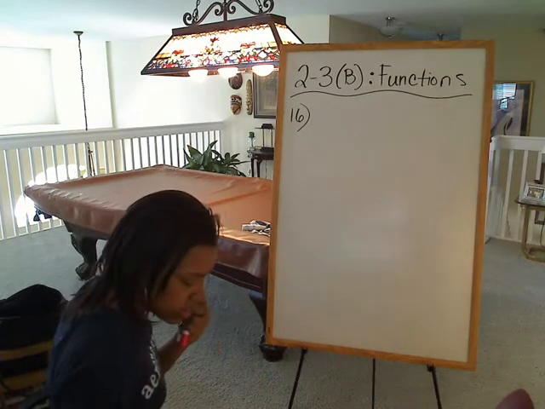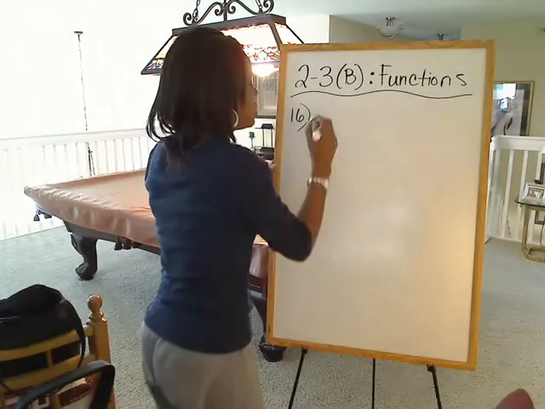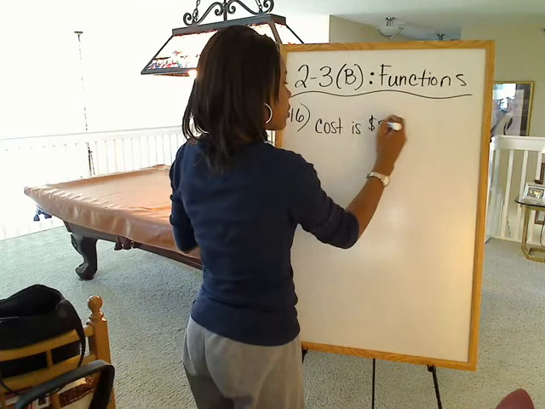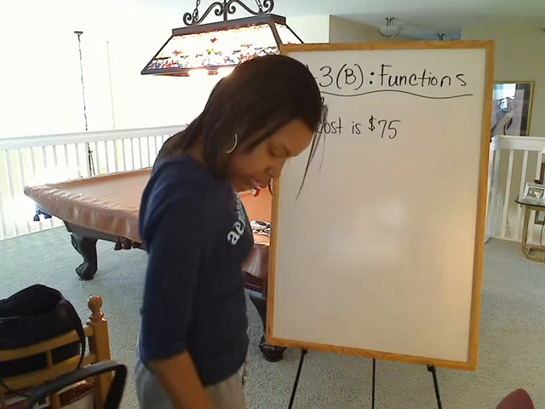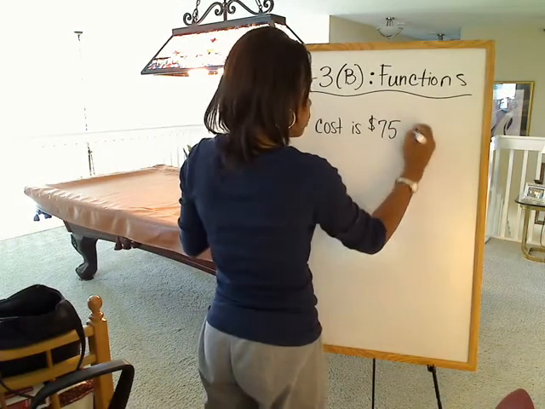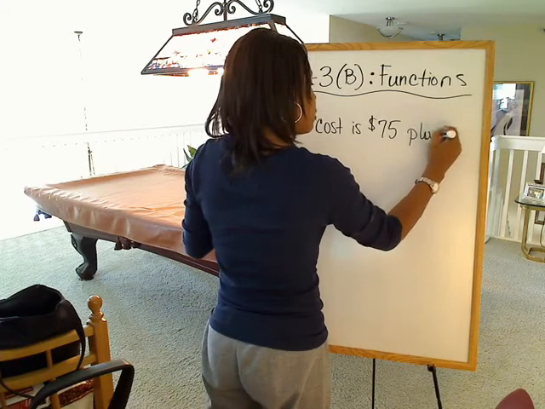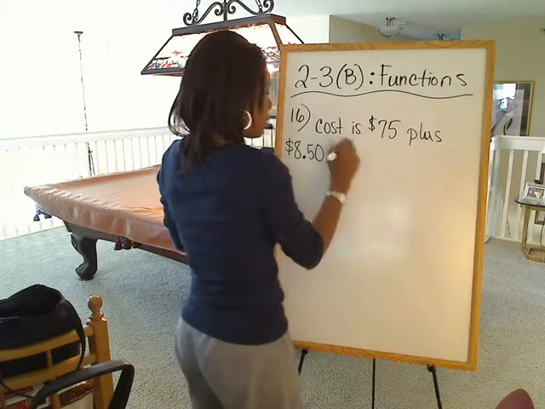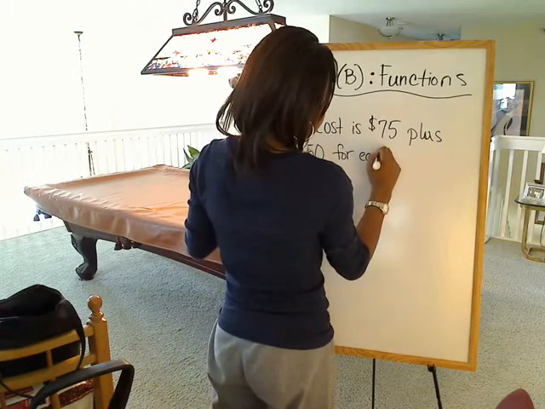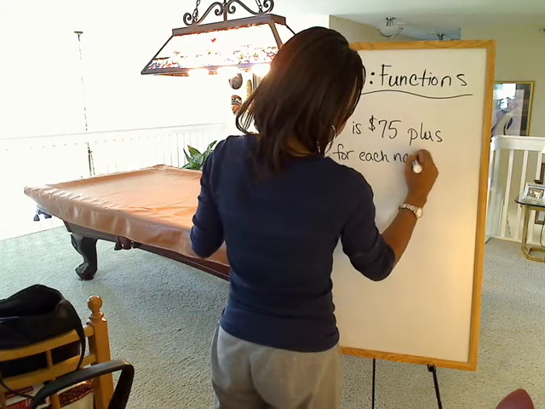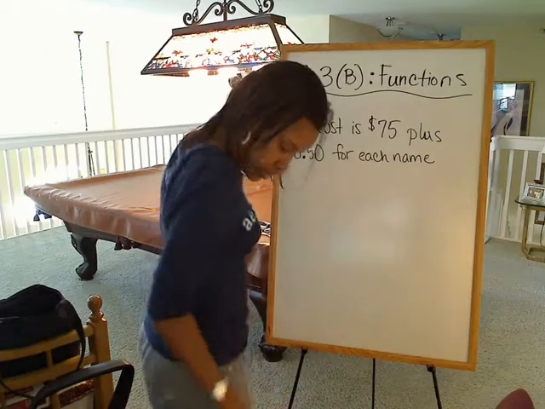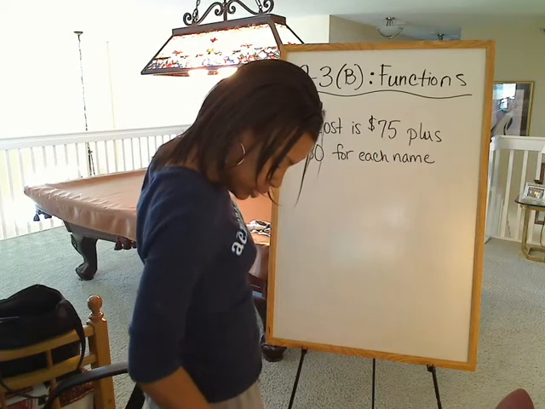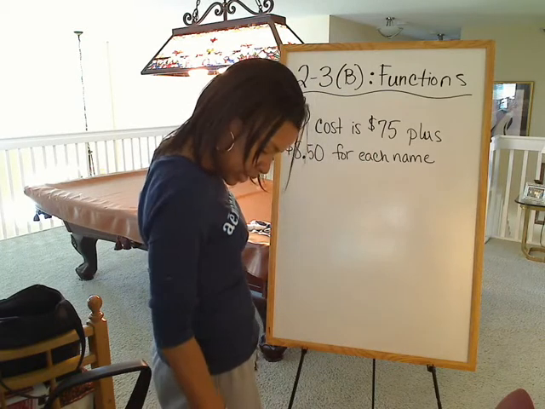The first thing is that the cost of each jacket is $75. And it says it's $75 plus $8.50 for each name. And then it says to write a function to represent the cost, C of n, for n names.